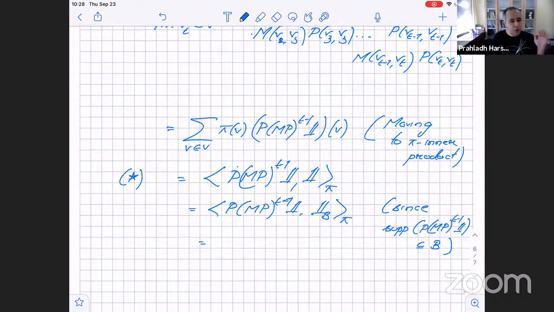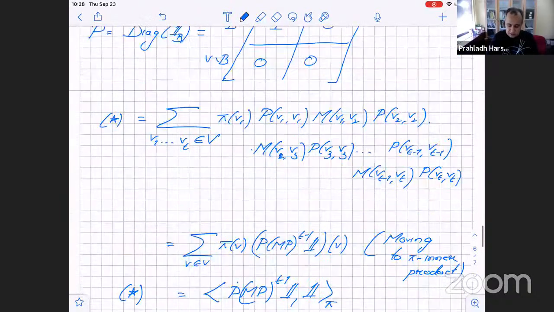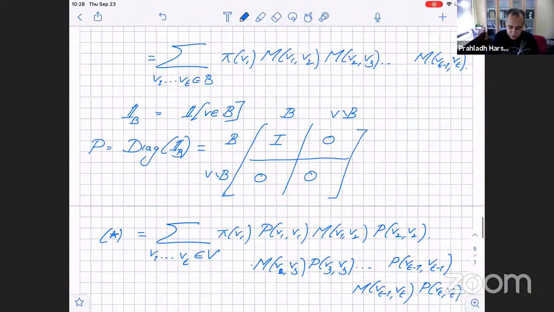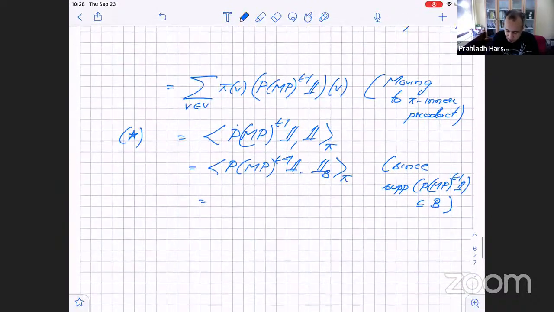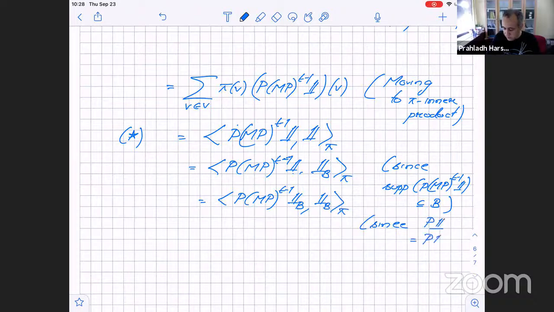The rightmost P is anyhow going to zero out everything not in B. Remember, P is this matrix. So I might assume this is also PMP^(t-1) 1B, because P of 1 is the same as P of 1B.